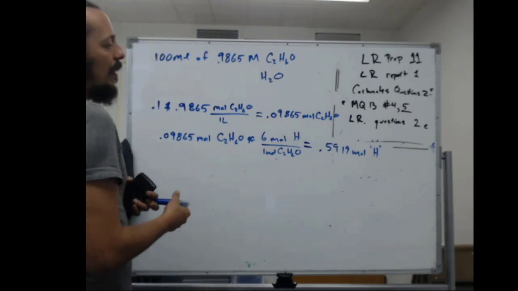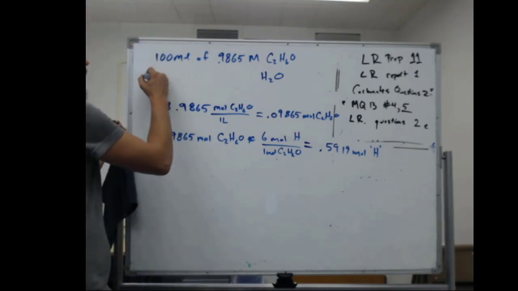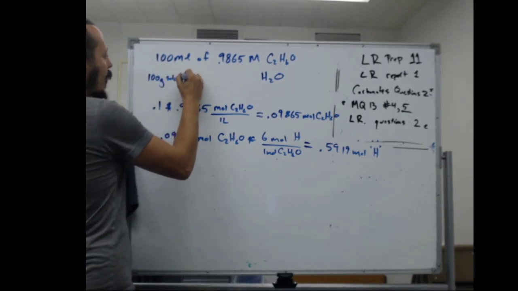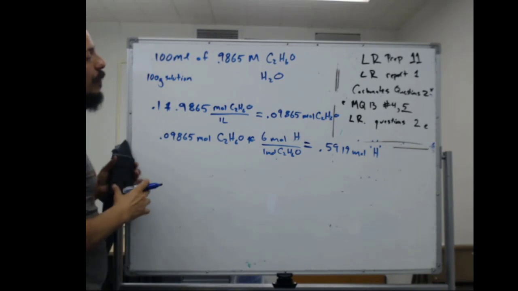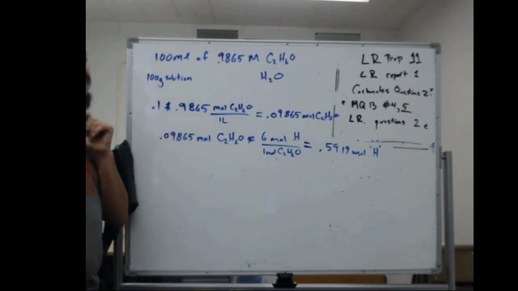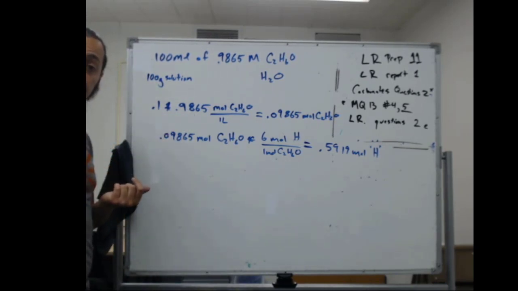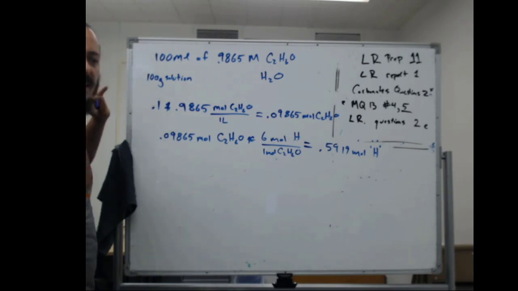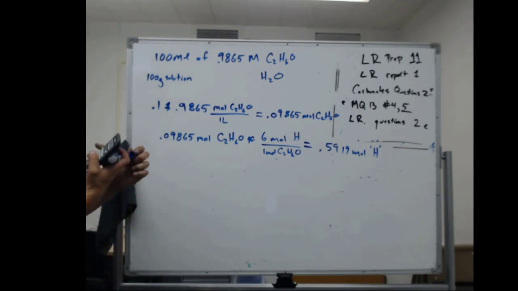So from this, I can say that this is 100 grams of solution. And if I want to get just the water part, I need to subtract off my grams of ethanol, right? My solution is water plus ethanol. And both have a density close to 1. That's why they assume the density is 1.